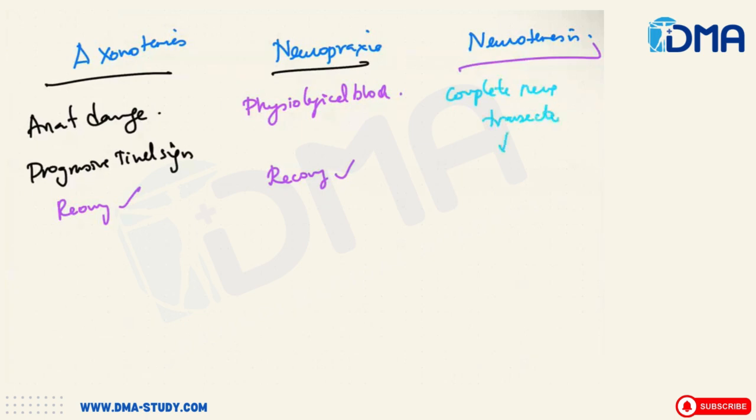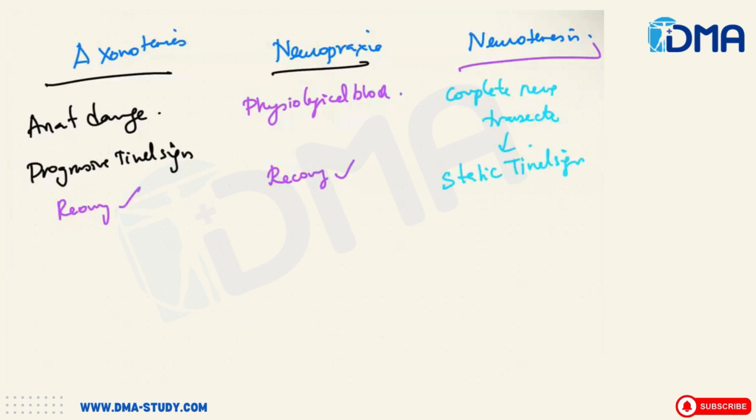So after this, even the Tinel's sign, myelination will not be complete here. So there will be a static Tinel's sign. You will not have that numbness beyond the cut area. So in these patients, we don't know about the recovery. The patient might or might not recover fully, with the same finger sensory and motor movements as before.